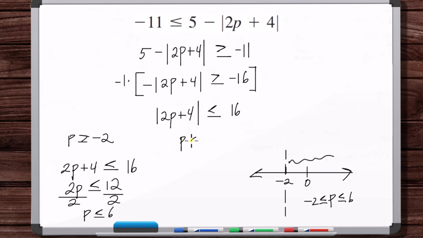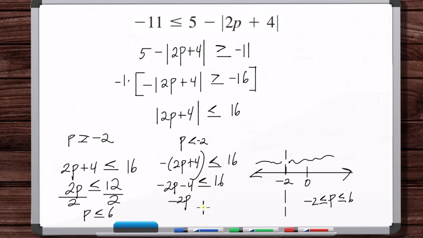Okay, now what about when p is less than minus 2 in this region? In that case, 2p plus 4 is always negative, so we do minus 2p minus 4.